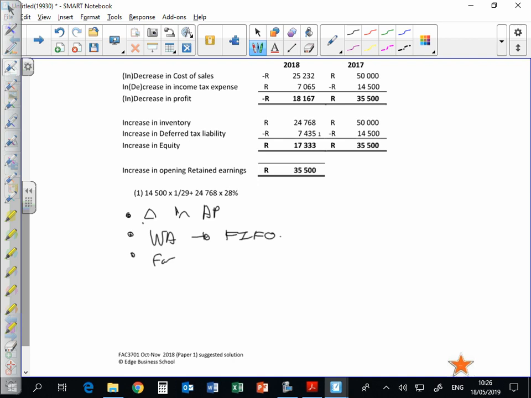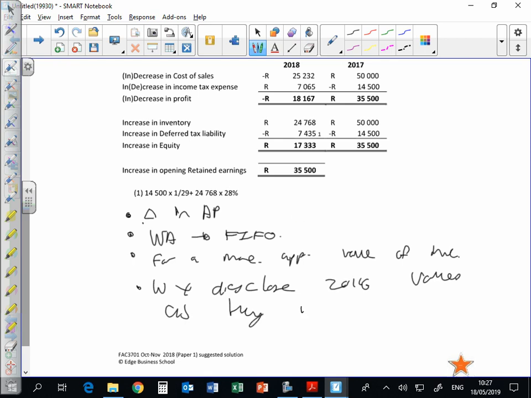And then we have to say that we could not disclose 2016 values as they were destroyed in a fire. Right, so that'll basically be your little paragraph of writing. Okay, you guys quite happy with that? I'll fill it into the memo, post the right one online then.